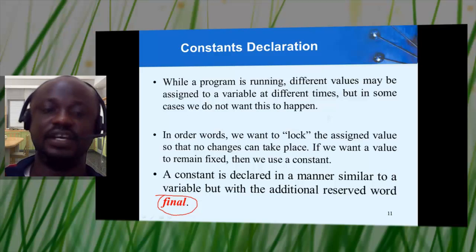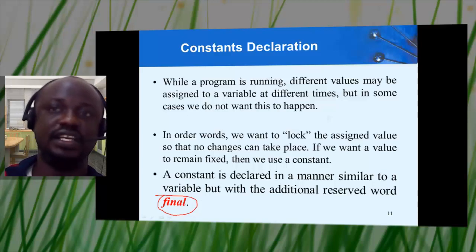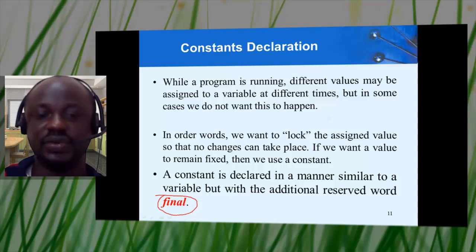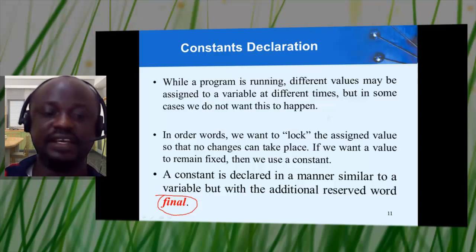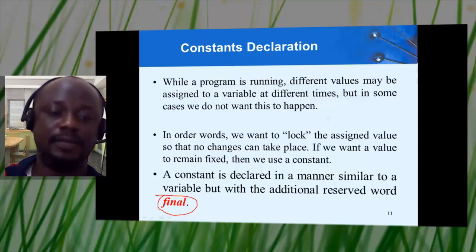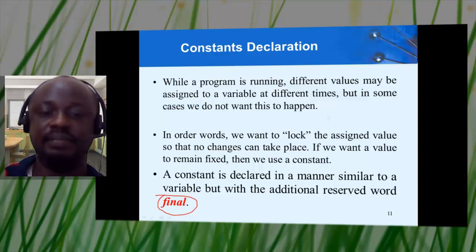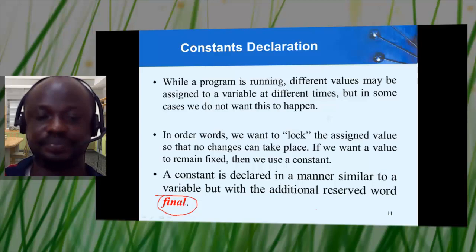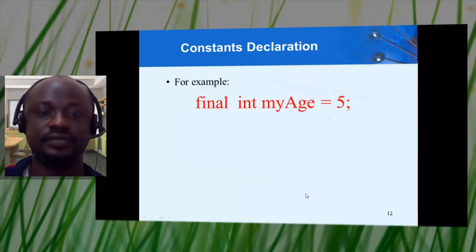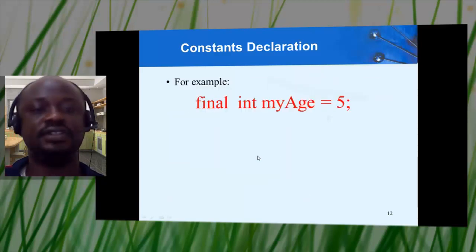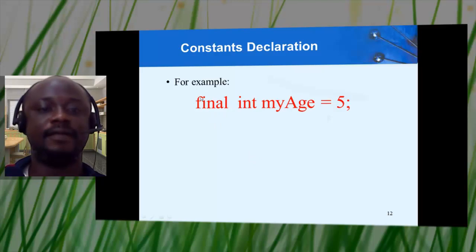So for example, if you go back to the variable declaration, int myAge. If you want to make int myAge a constant, then you need to write final before the int myAge. So for example, final int myAge equals 5.